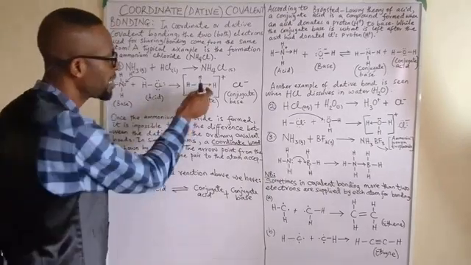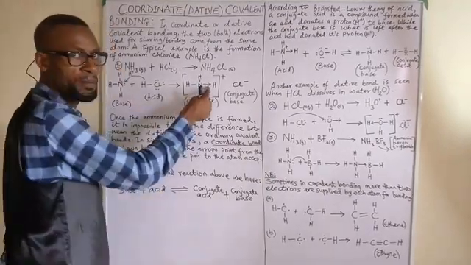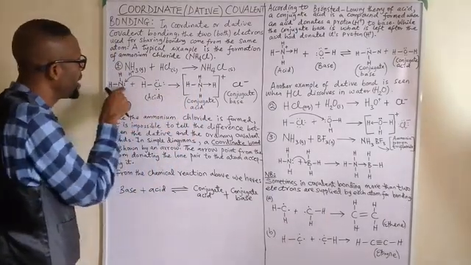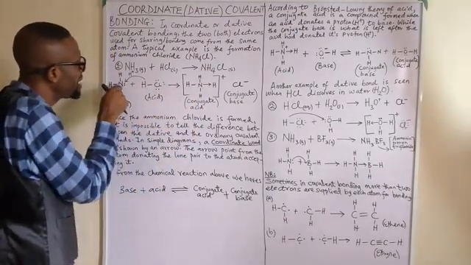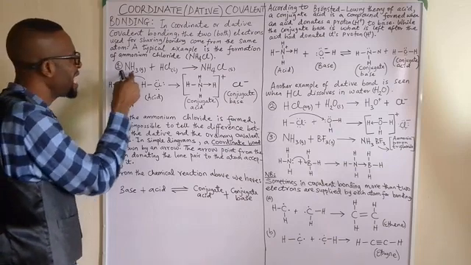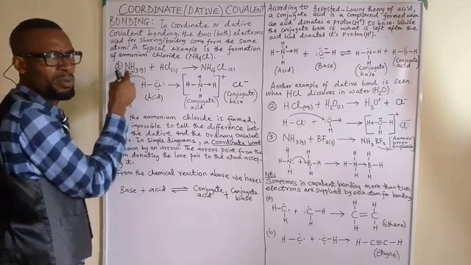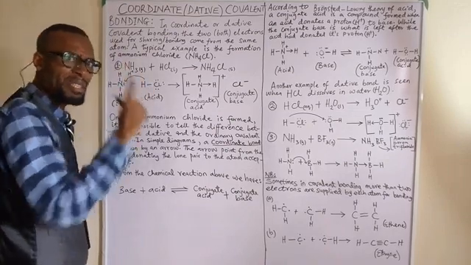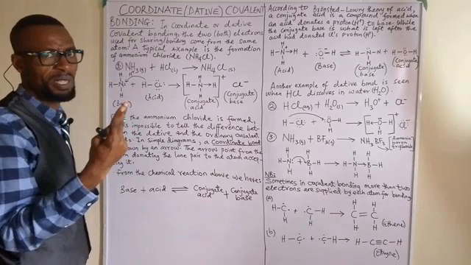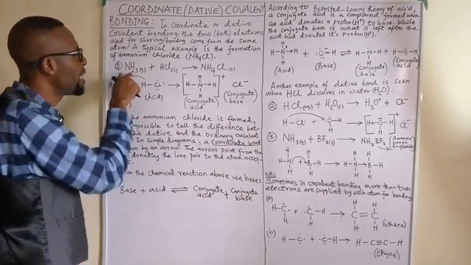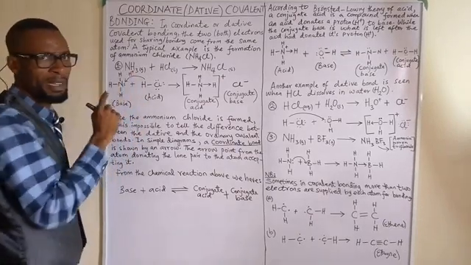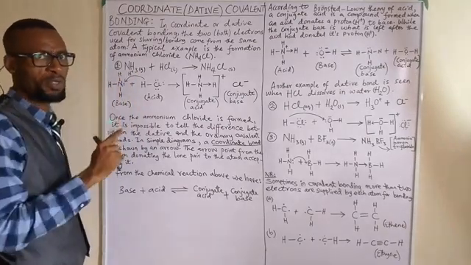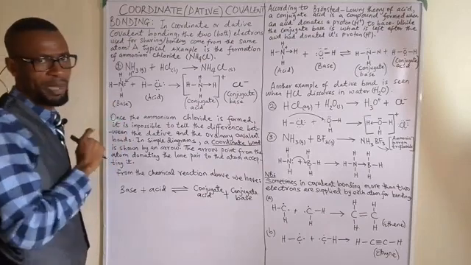But because this covalent bond is made by electrons that belong only to nitrogen, and hydrogen is coming in the form of a proton, that means in the 1s orbital you have zero electrons, and s orbitals can carry 2 electrons. So the 2 electrons that you use to overlap with the s orbital of this hydrogen coming in the form of a proton is what we are talking about, okay?